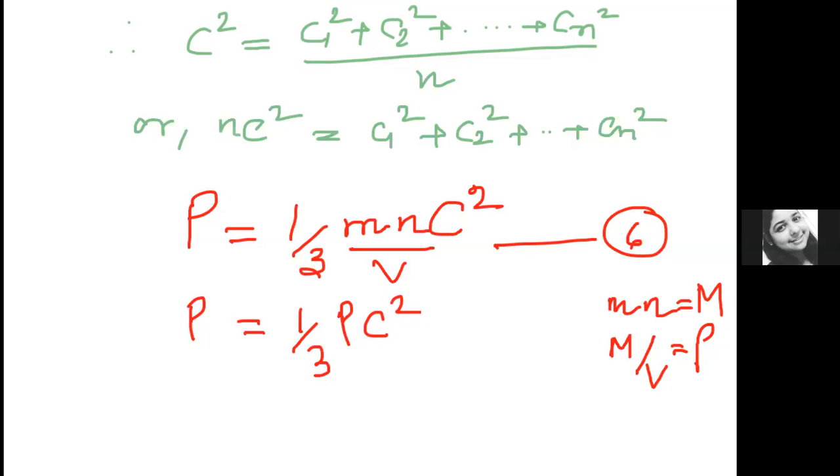I just skipped one step. When I replace this m n by M, it becomes M by V, and M by V means density.